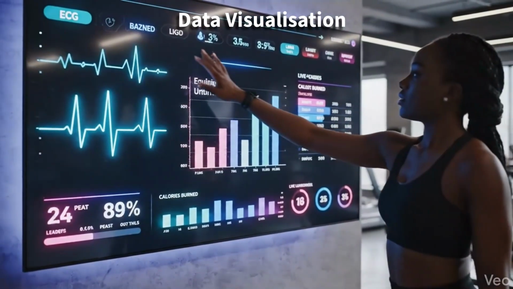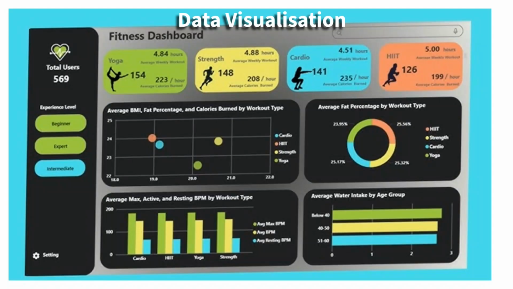Telling a story using data, the dashboard brings together many pieces of information about fitness activities, such as total users, different workout types (yoga, strength, cardio, HIIT), weekly workout hours, calories burned, BMI, fat percentage, heart rate, and water intake by age group.